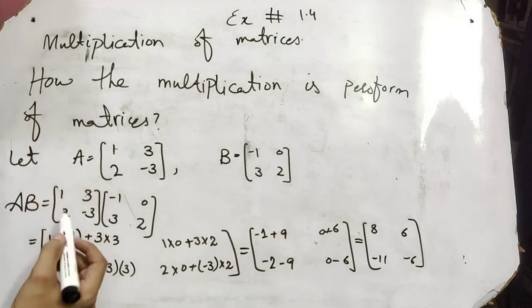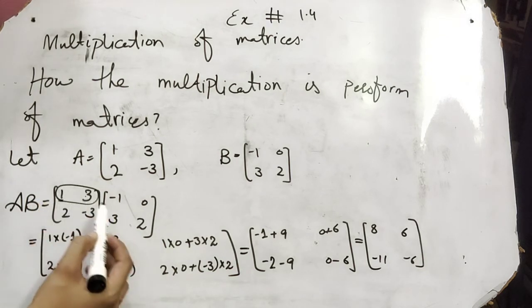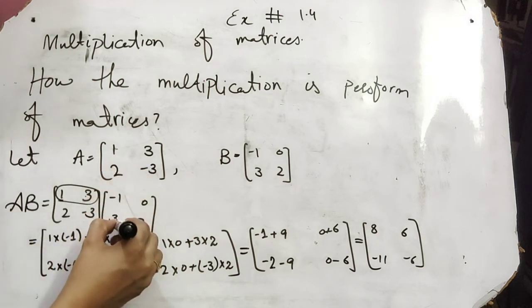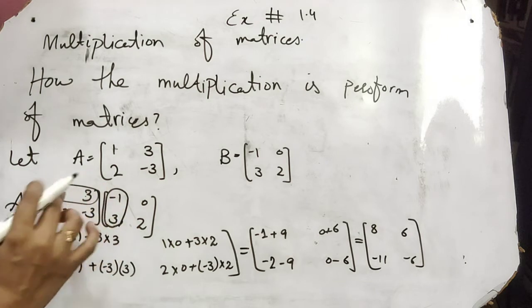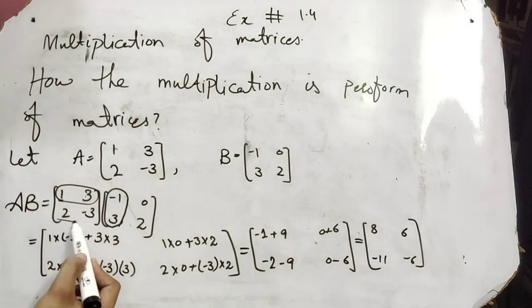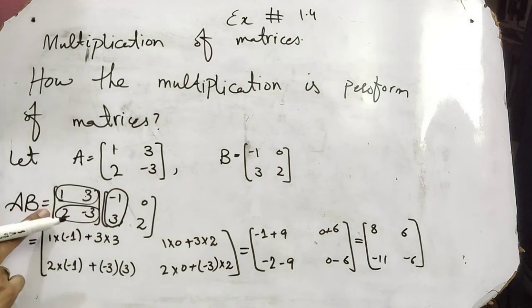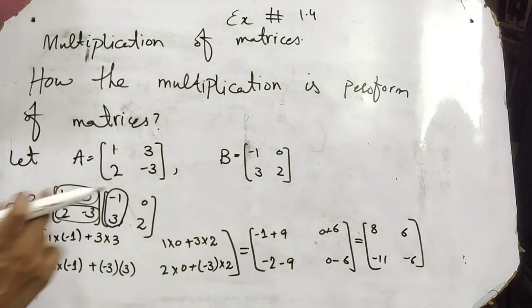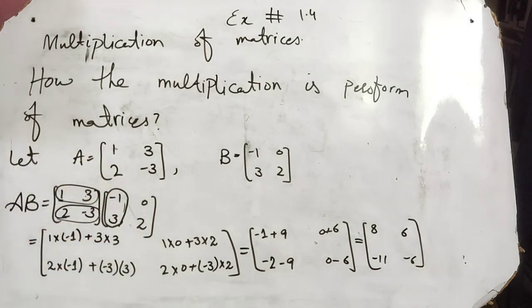It means first we multiply the first row of the first matrix with the first column of the second matrix. Then we multiply the second row of the first matrix with the first column of the second matrix.